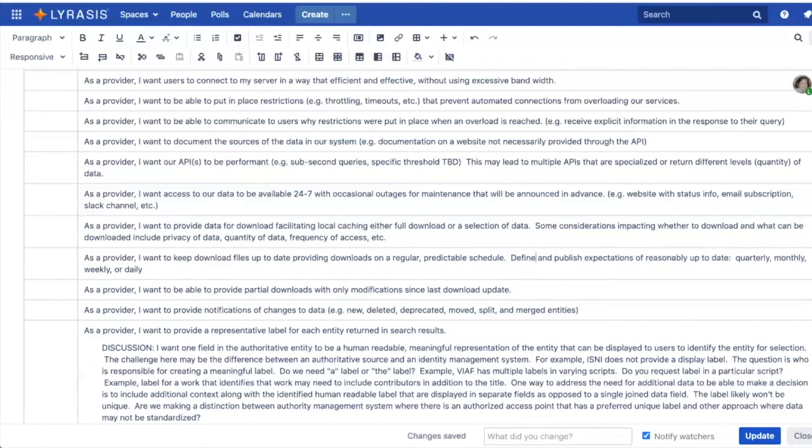But in this case, are we speaking about something that is decided by the provider, or are we also speaking about a mechanism to retrieve, to download the data in real time when I'm a user and I need it?